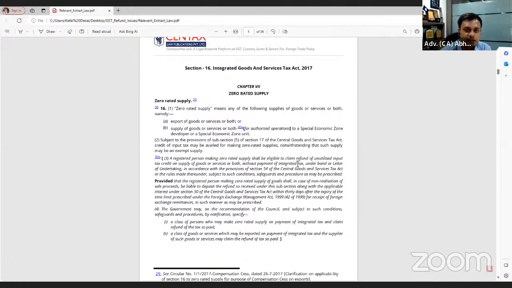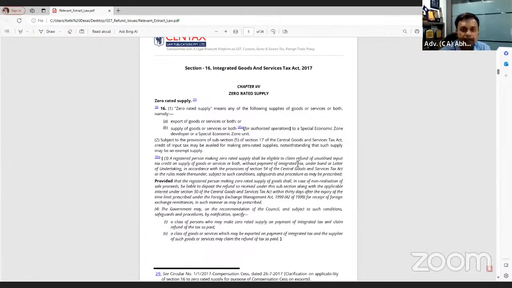Basically, subsection 3 says that all the registered persons who are making such zero rated supply would be eligible to claim the refund of the unutilized credit that remains on account of zero rated supply. However, this subsection says that by default, such registered persons must make such supplies without payment of IGST under bond or LUT, that is letter of undertaking.